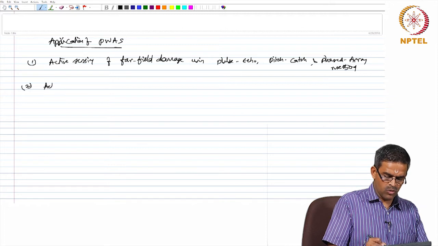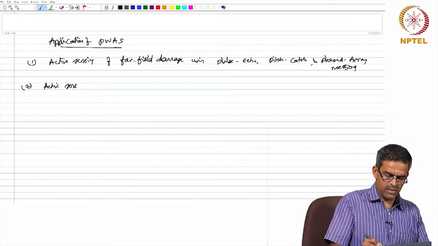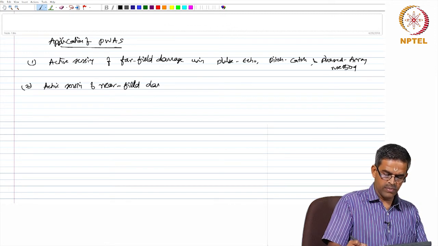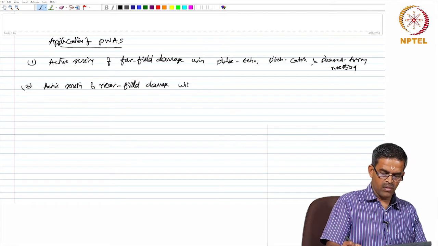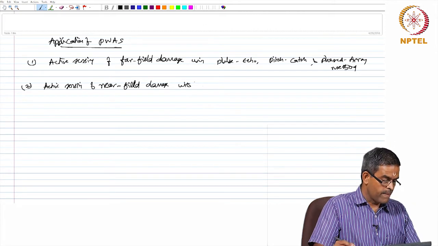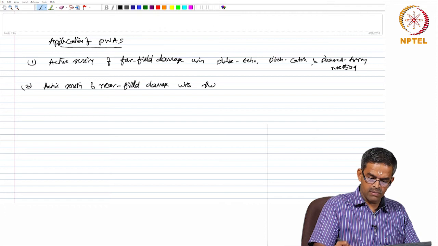They can also be useful in active sensing of near field damage with the high frequency impedance method.